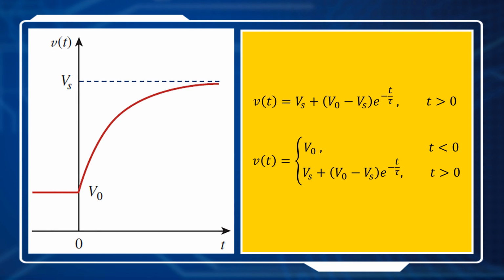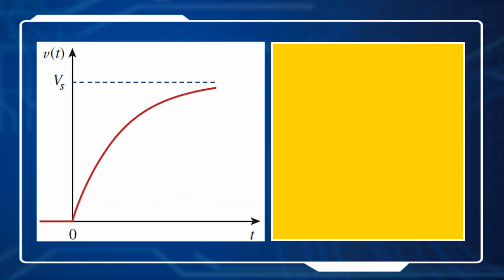If we assume the capacitor is uncharged initially, we can set V0 equals 0, so that we can get another solution which is different from the previous one. When t is less than 0, V(t) equals 0.